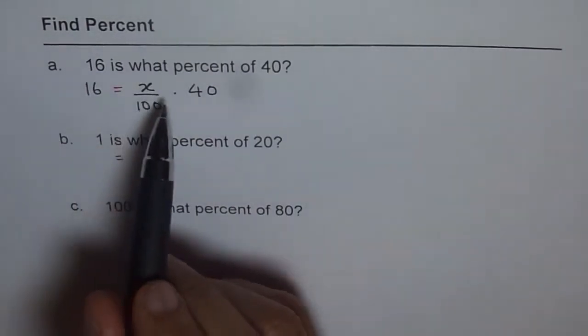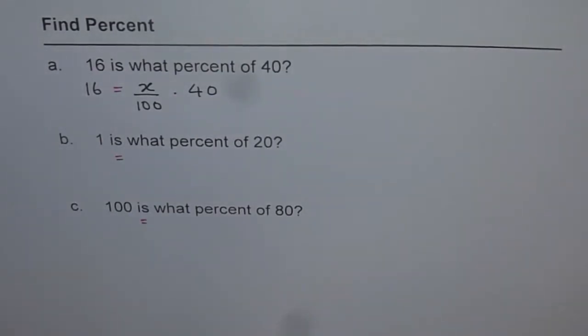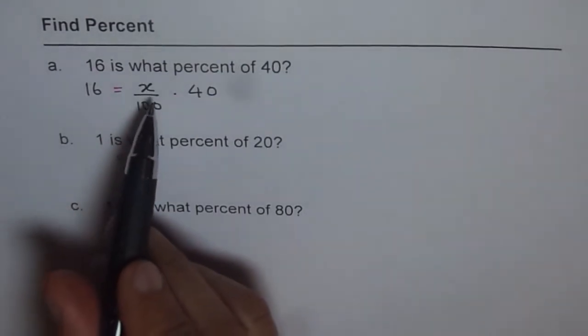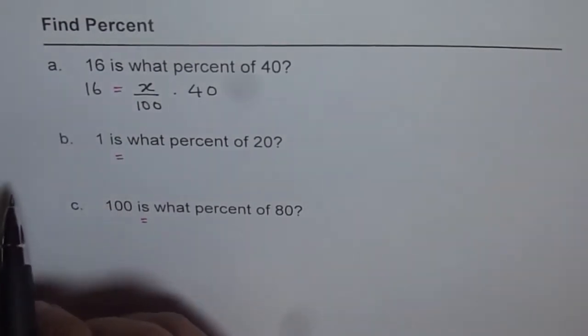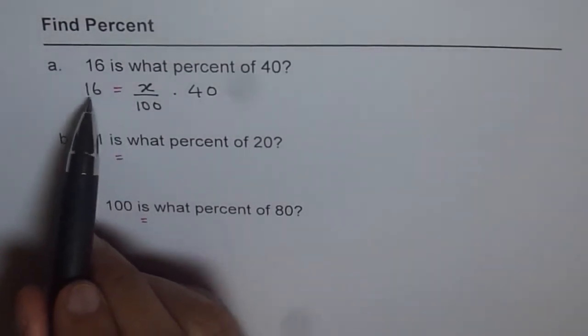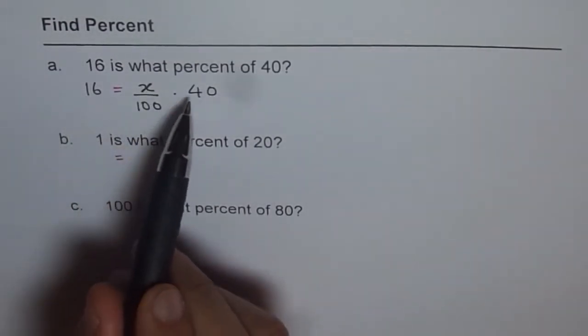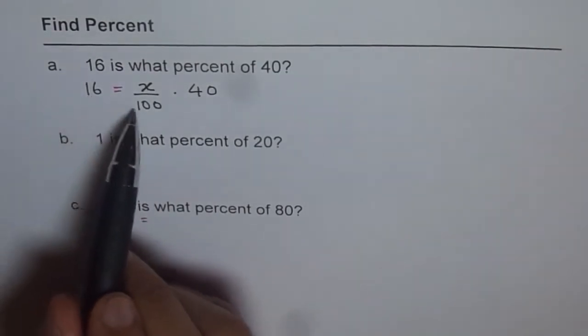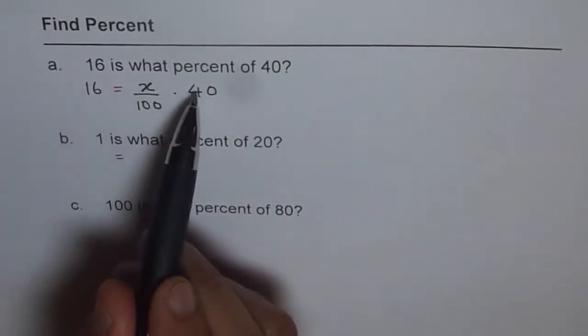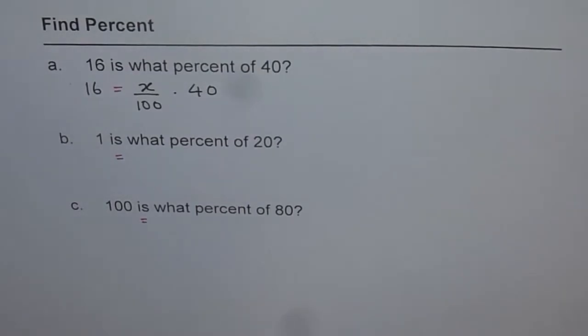And then now let us solve this equation. How can we solve this equation? We can solve this equation by cross multiplying. That means, well, we want x. We have 40 over 100 here. We'll multiply 16 by 100 and divide it by 40. That is what we will do.